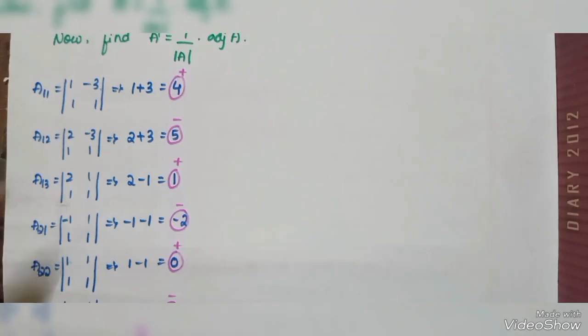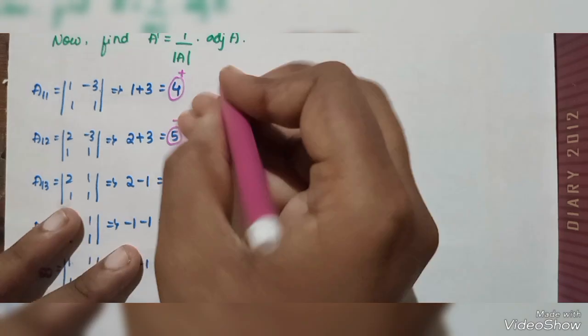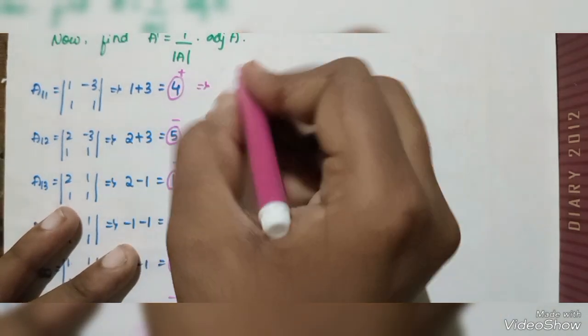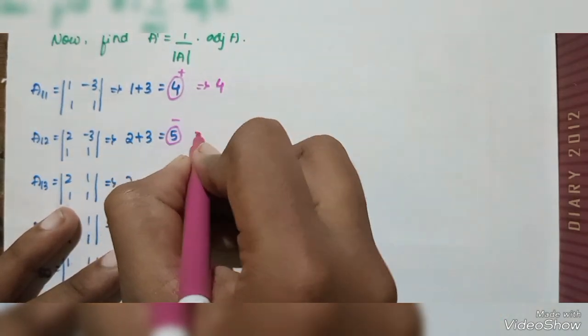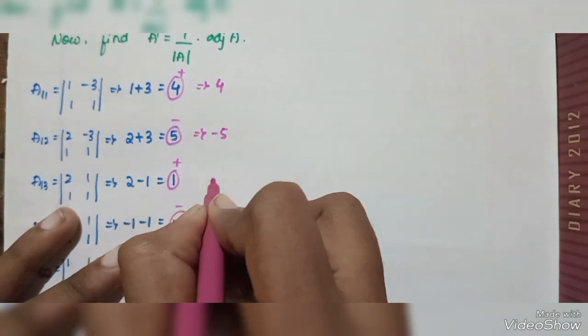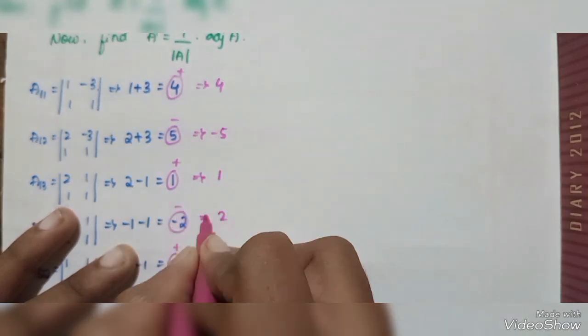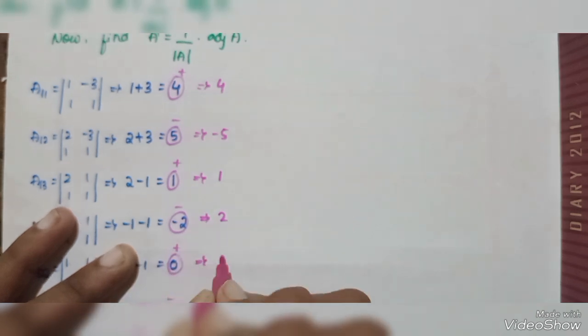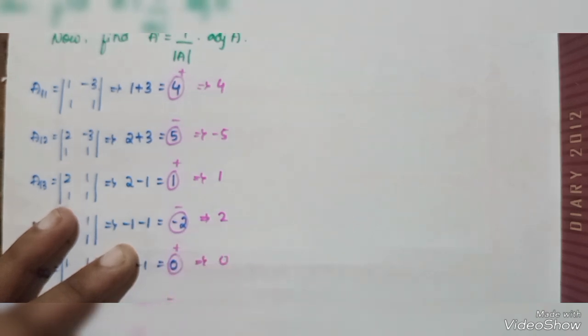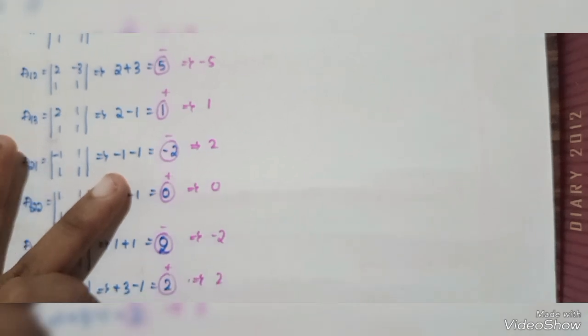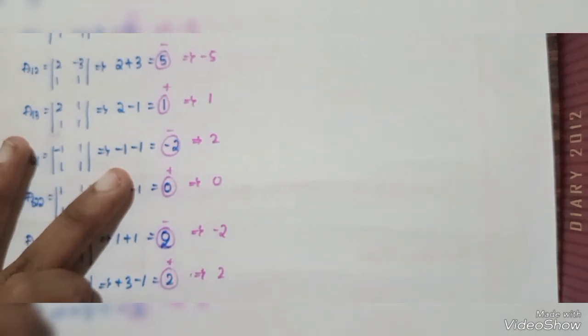Then we get the cofactor. Here it is plus into 4, 4 minus 5, 1 minus into minus plus 2. Here 0 minus 2 and plus 2, minus into minus plus 5, and now plus 3.